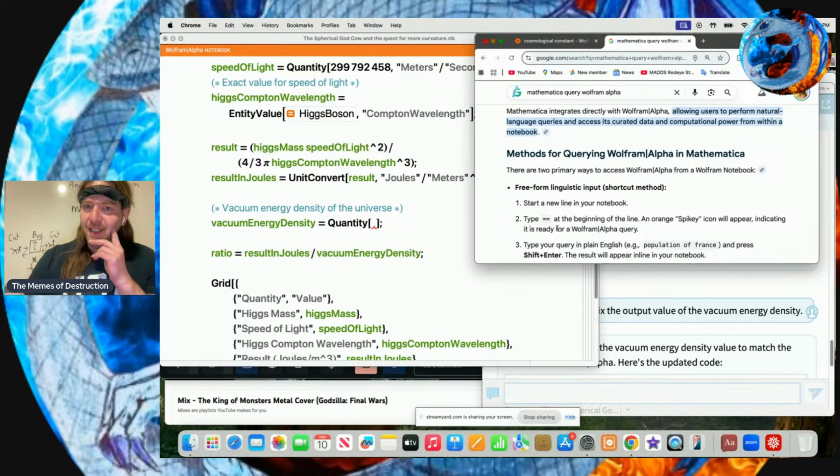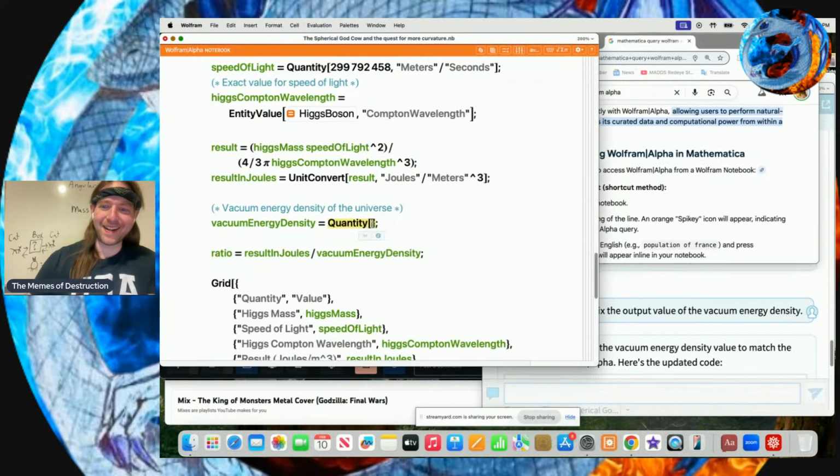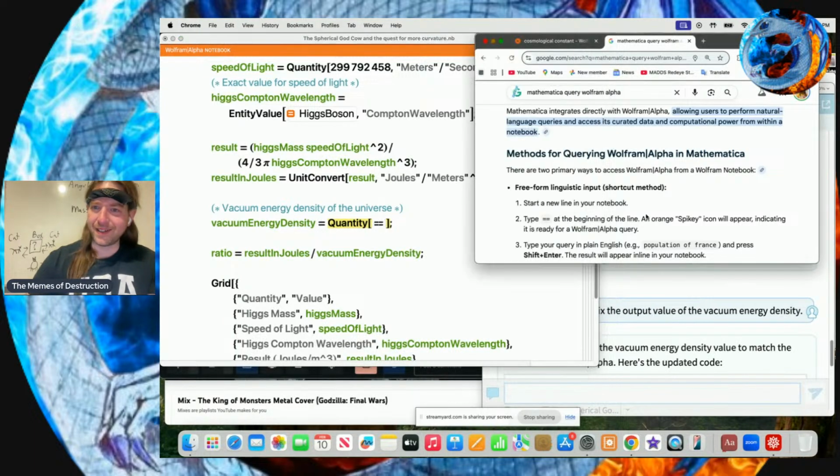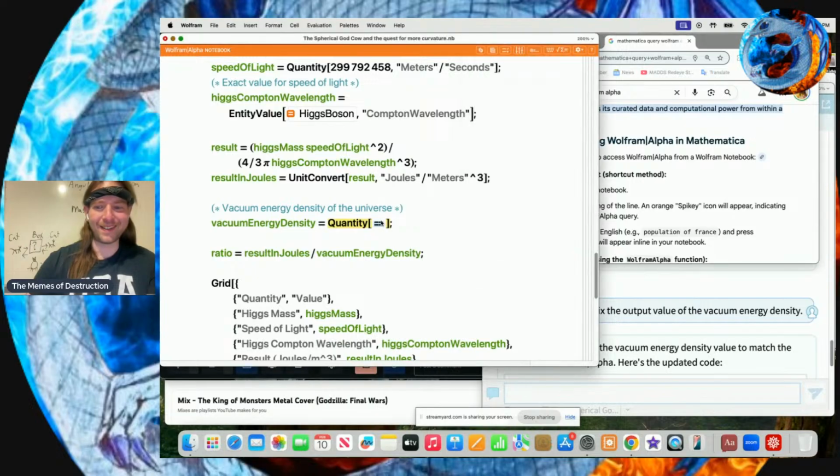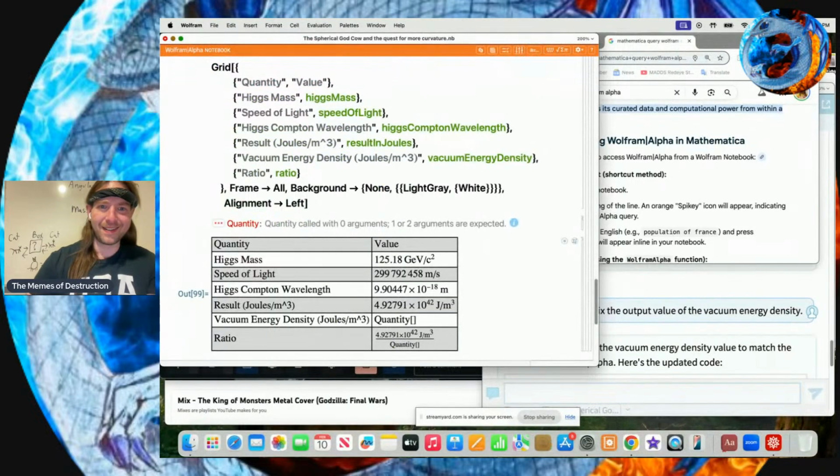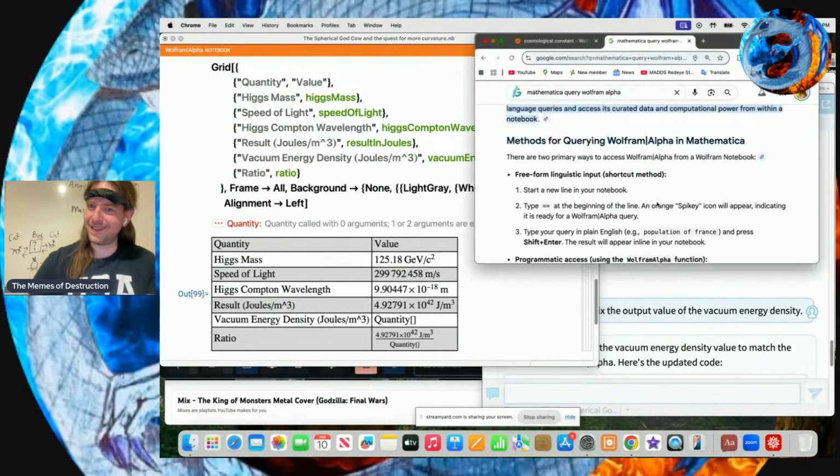Start a new line. All right. Equals equals. All right. I'm so dumb. That was easier than I thought. Equals. Wait a second. No. Shift enter. Okay, that's what it was. No.